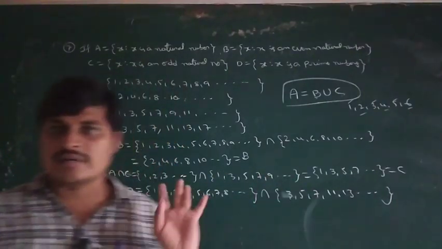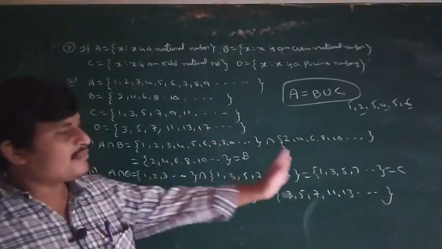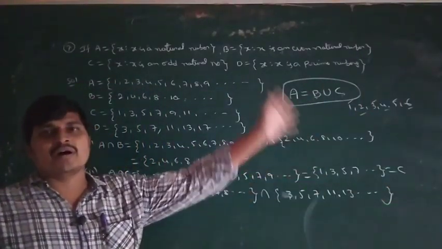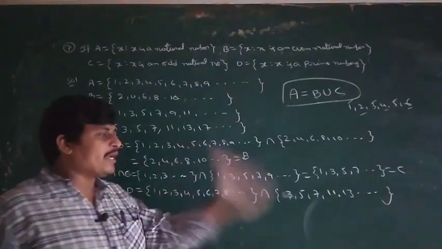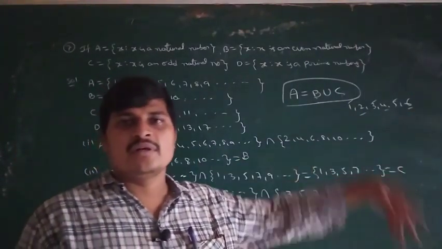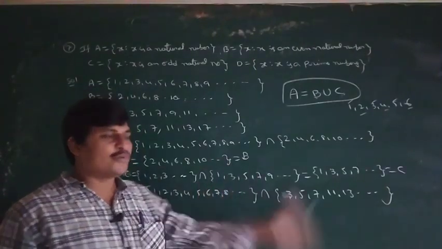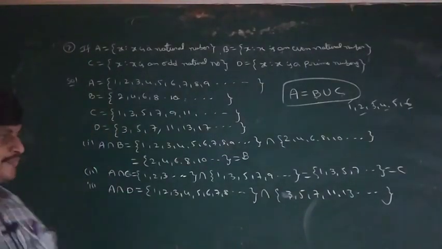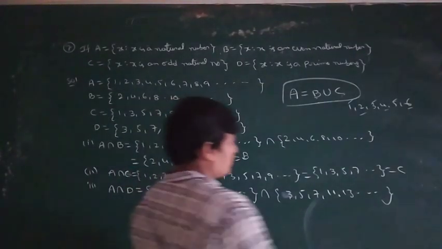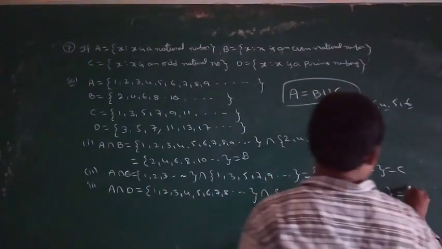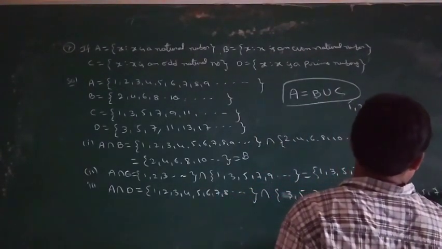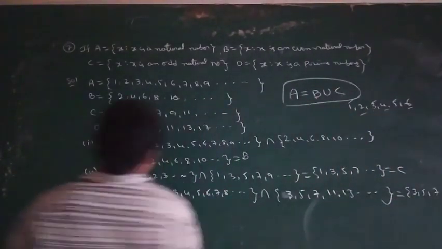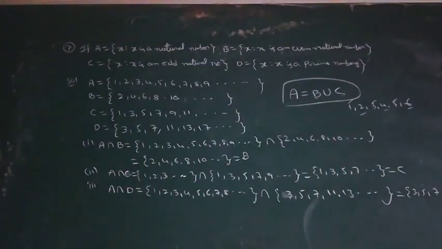So the common elements of natural numbers and even numbers are even numbers, of natural numbers and odd numbers are odd numbers, of natural numbers and prime numbers are prime numbers, and of natural numbers and composite numbers are composite numbers. Okay, so that is equal to prime numbers. So 3 5 7 11 13, that is equal to D.